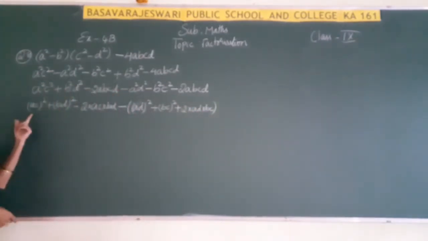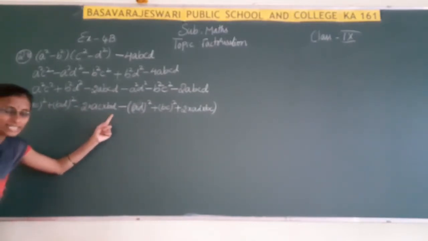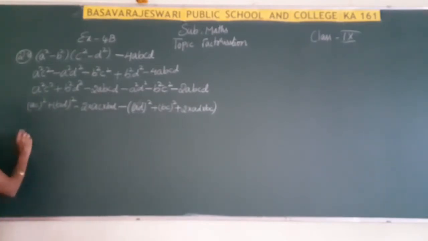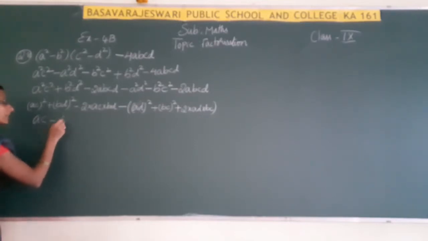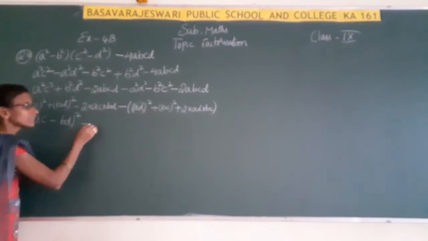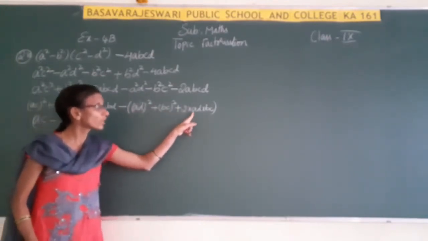Now, a square plus b square minus 2ab is the expansion of (a minus b) whole square. So we can write this as (ac minus bd) whole square, minus a square plus b square plus 2ab.